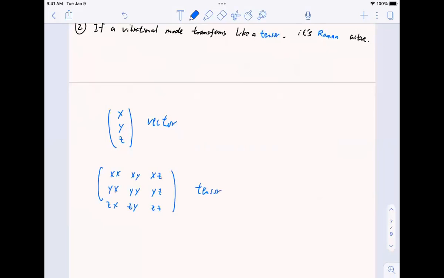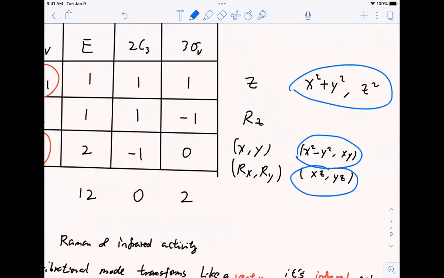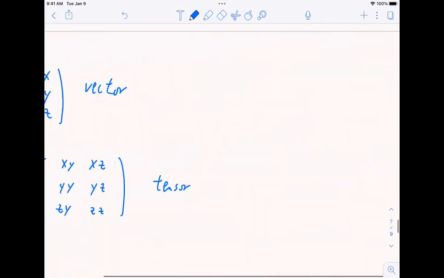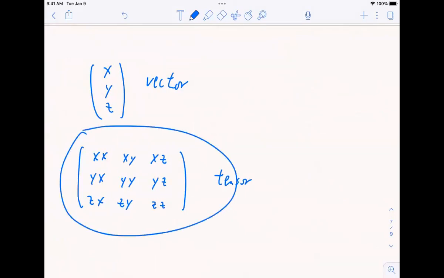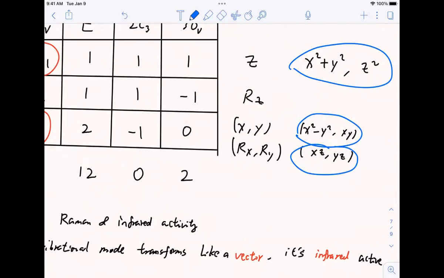And this is a general tensor. You can decompose this tensor into a symmetrized part and an anti-symmetrized part. And after you decompose it, all those things will come out. So these are the tensor elements.